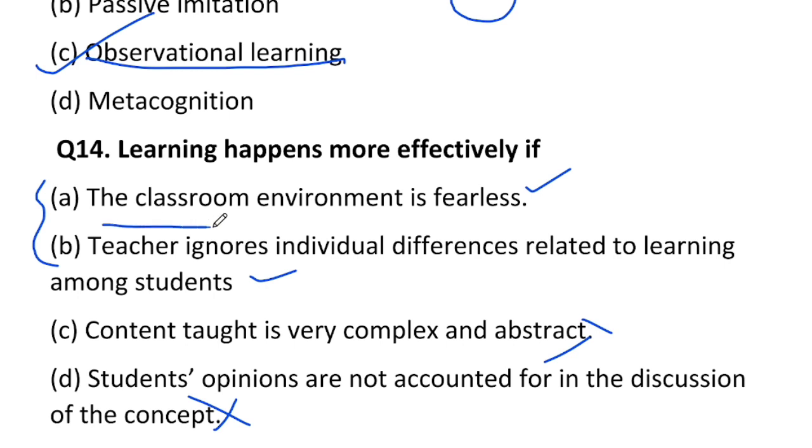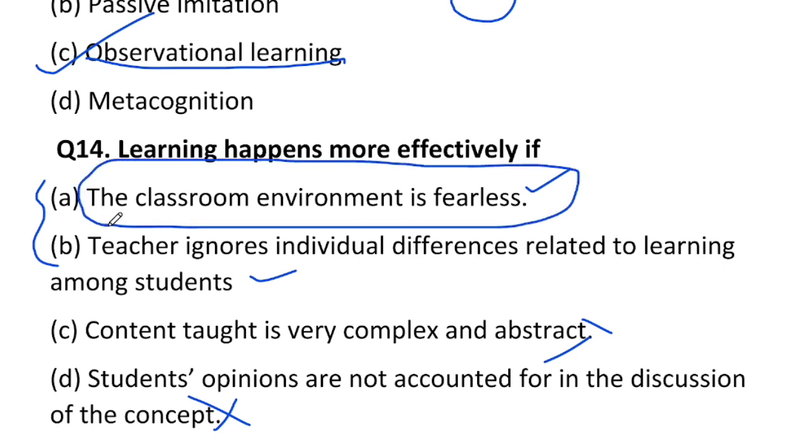If the classroom environment is fearless, a student can interact with the teacher fearlessly and share their thoughts, knowledge and ideas fearlessly. So the answer will be the classroom environment is fearless. This is the most important point for learning more effectively.